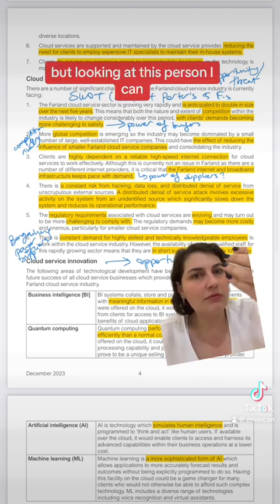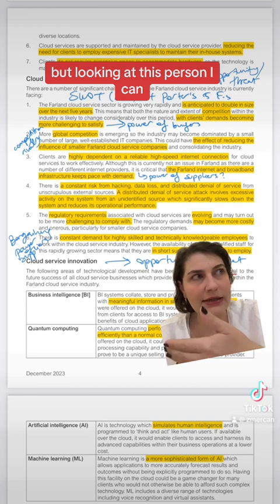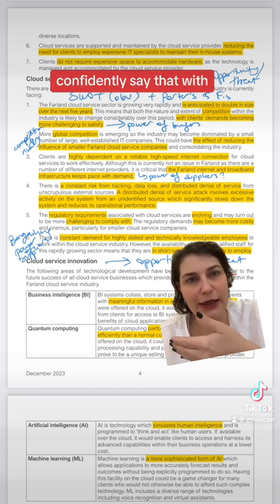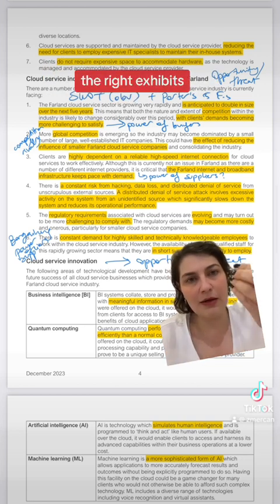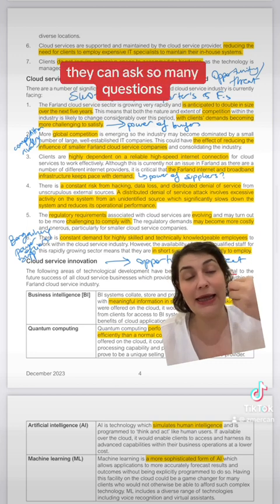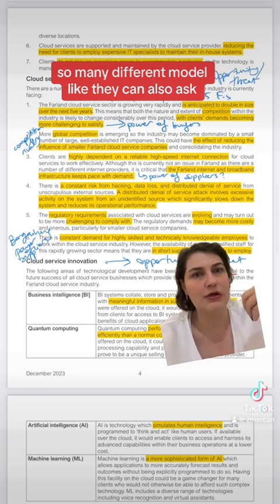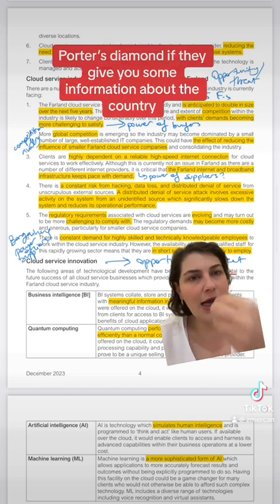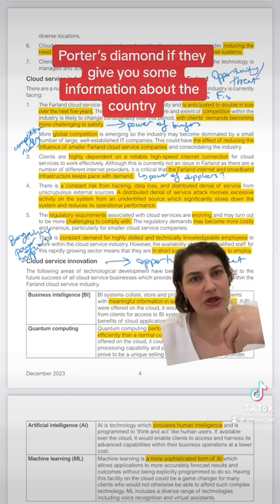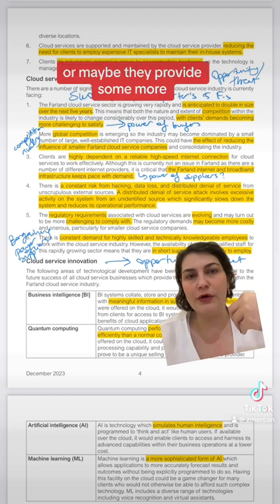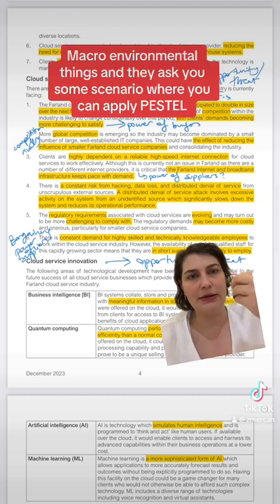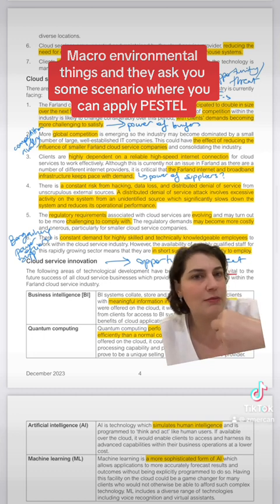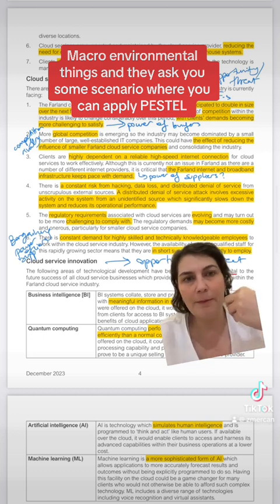But looking at this pre-seen, I can confidently say that with the exhibits, they can ask so many different models. They can also ask Porter's Diamond if they give you some information about the country, or maybe they provide some more macro-environmental information and ask you for a scenario where you can apply PESTEL.